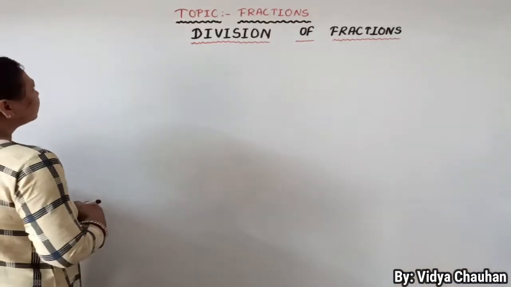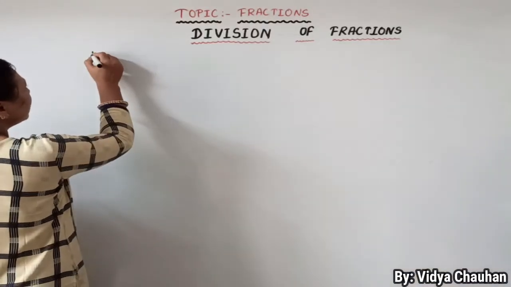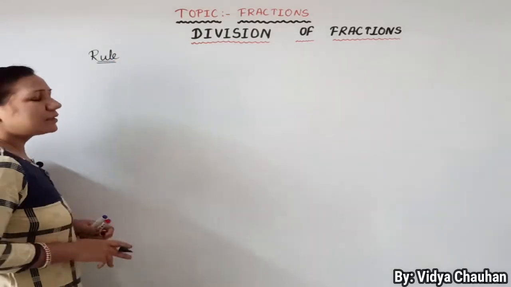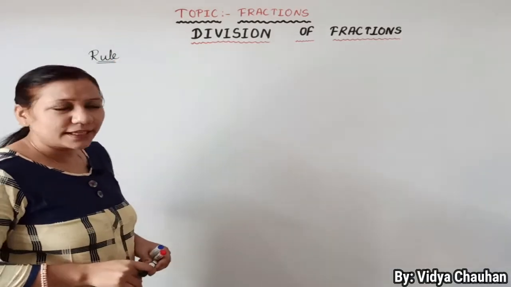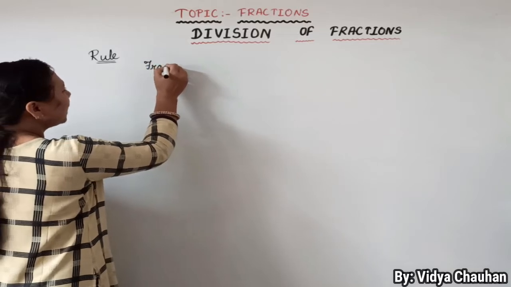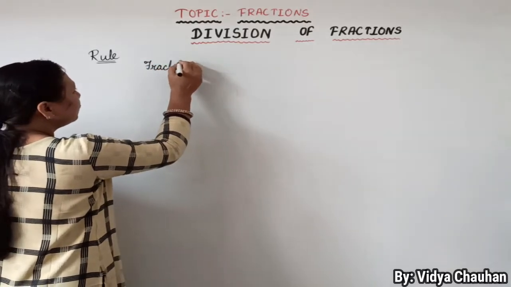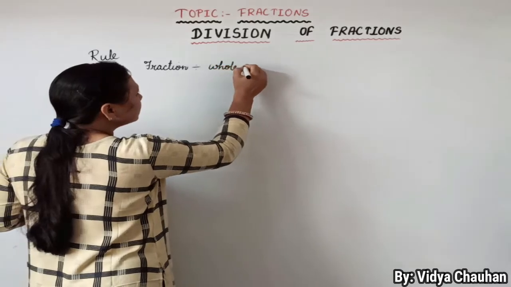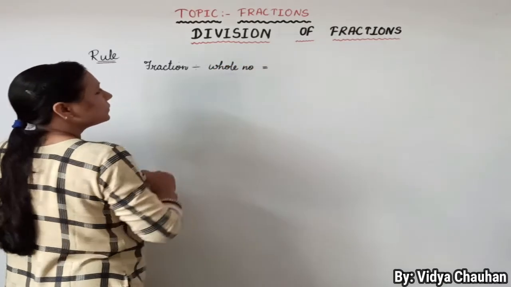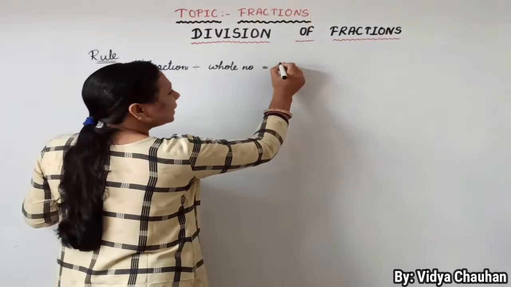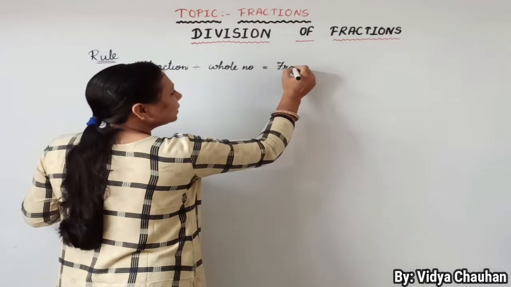Now, if I talk about how to divide fractions, the rule says that suppose there is a fraction which is divided by a whole number. So we have to divide a fraction by a whole number. In that case, how can we do the division?